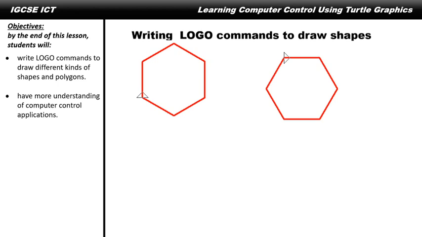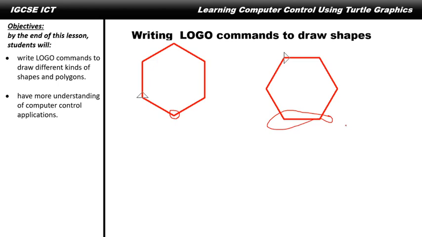These hexagons are both six-sided, but the way they are sitting is different. The first one is sitting on its vertex, while this one is sitting on its edge.